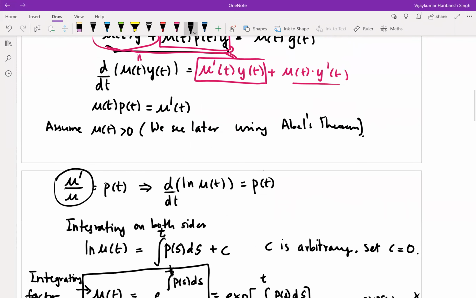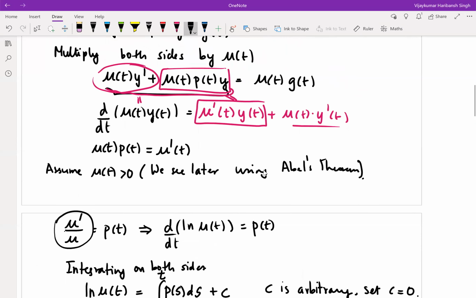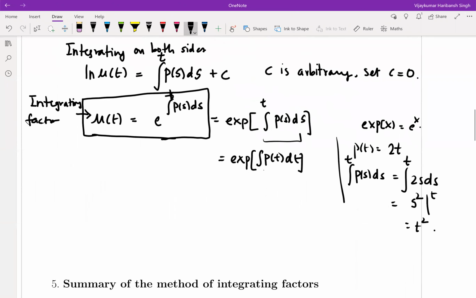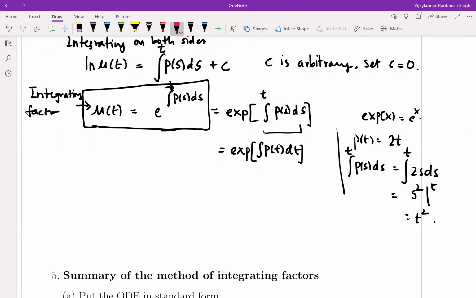If you go back here, you will see that on one side we have d by dt of mu of t y of t equals mu of t g of t.